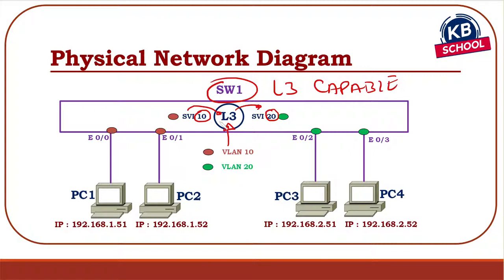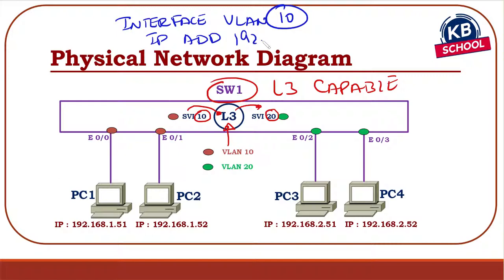The way I create that switch virtual interface, the SVI, is by saying interface VLAN 10. All right. As soon as I say 10, it knows that it is a logical port, a virtual port that belongs to VLAN 10. And then I would give it an IP address of 192.168.1.1, let's say.